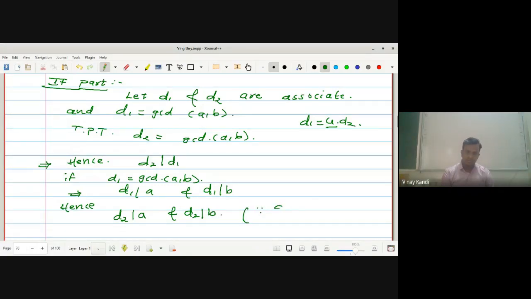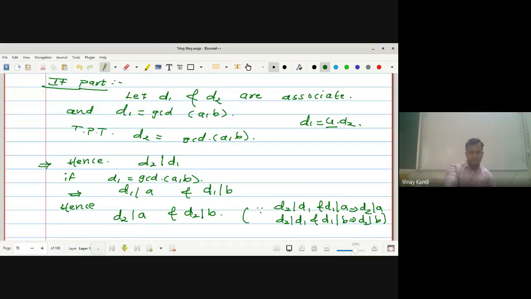Since D2 divides D1 and D1 divides A, it implies D2 divides A. Now here D2 divides D1 and D1 divides B, which implies D2 divides B. Okay, this is the reason.